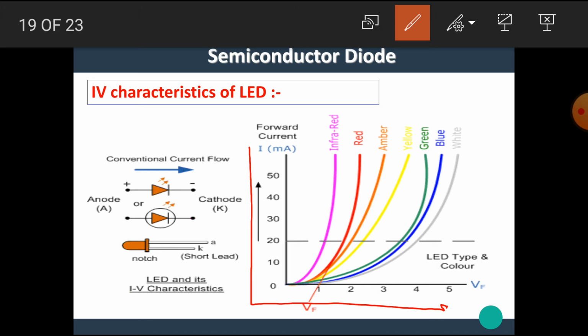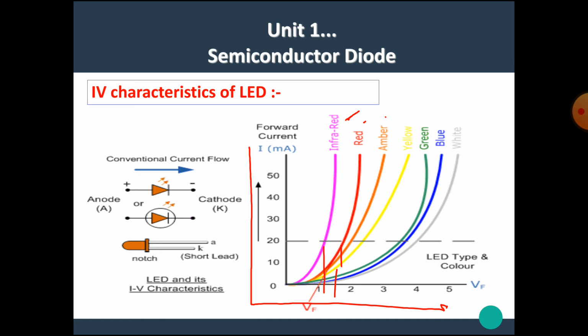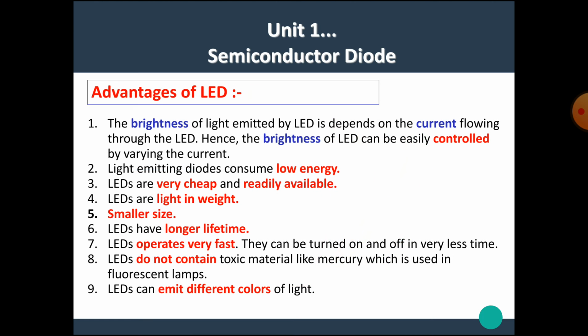In the forward bias mode, we have seen the different colors here: infrared light, red light, amber light, etc. These are obtained by different combinations of materials during the construction of the LED. Depending upon the material, the forward voltage or the knee voltage for each diode is different. I hope you all understand the concepts.